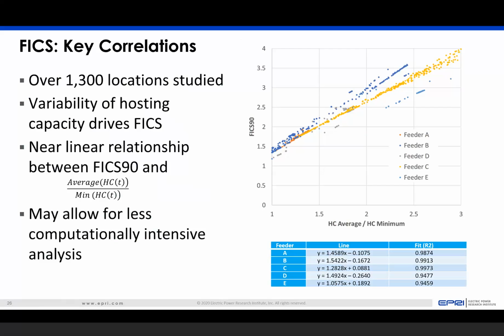So that's essentially a measurement of the flexibility, or at least the variation in hosting capacity. And as it turns out, for each of the feeders that we looked at, there's a very, very high correlation between the FICS 90 and the average hosting capacity divided by the minimum hosting capacity. So what this may lead us to, instead of performing computations at every node in a feeder, which is what we had done in this example, is we can perform it across a much smaller set of nodes and draw conclusions based upon these types of correlations, and there's a linear relationship here.